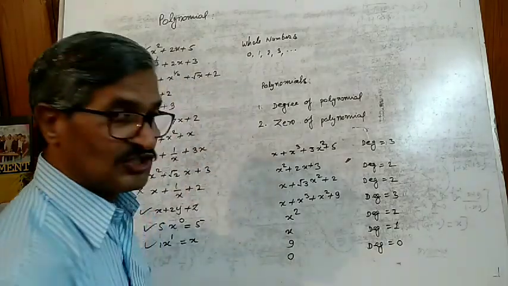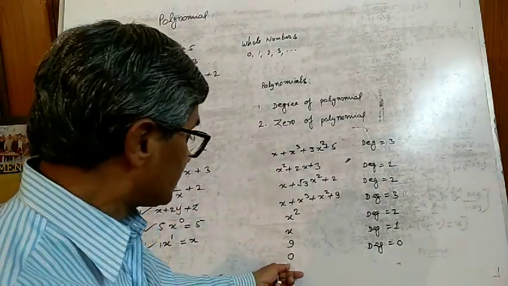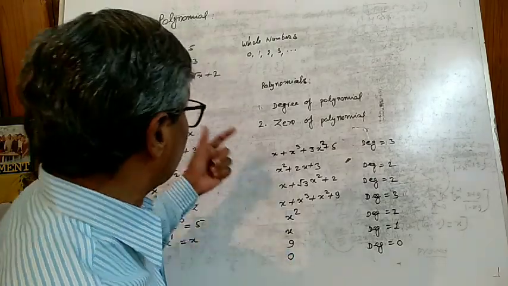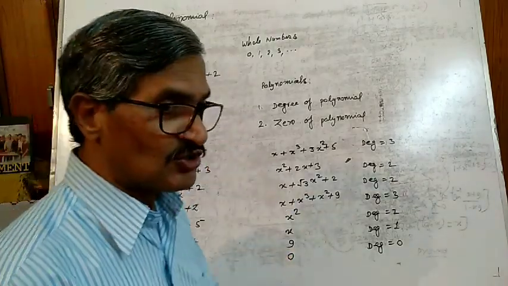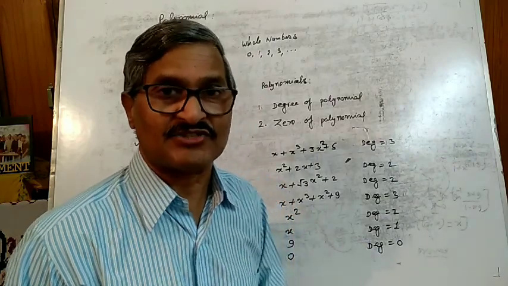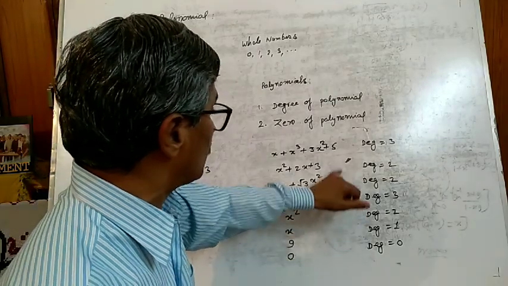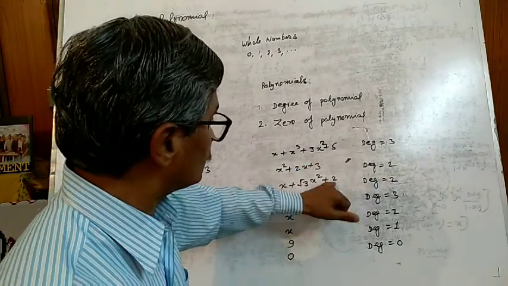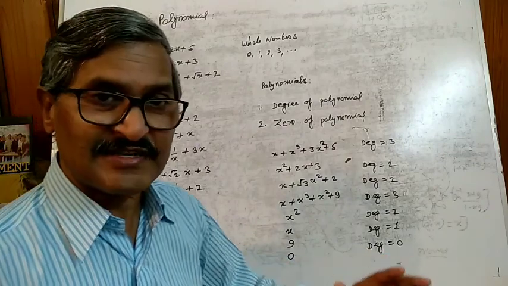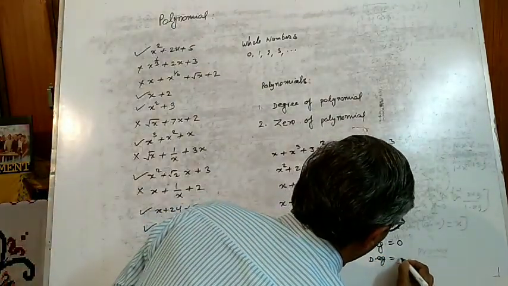So first we will start one more thing. If there is only 0, then what is this polynomial? This is separate, not this 9 or 5 or 3. This 0 is taken as 0 polynomial separately, 0 polynomial. And these numbers are taken as constant polynomial. 0 polynomial is separate and degree of 0 polynomial is not defined.